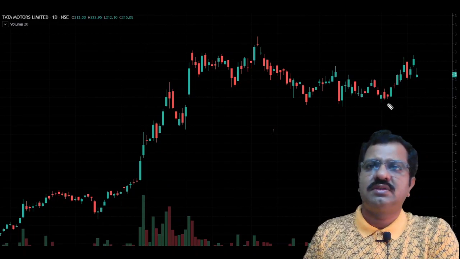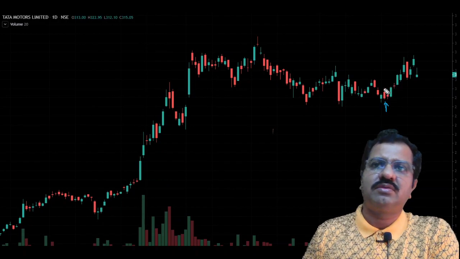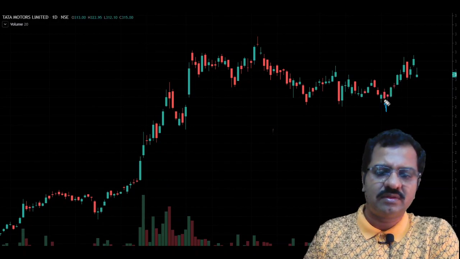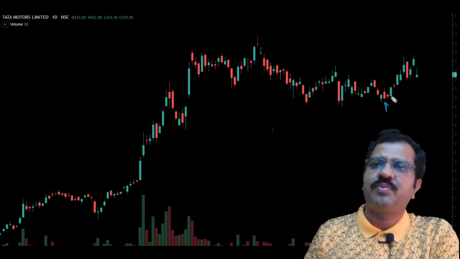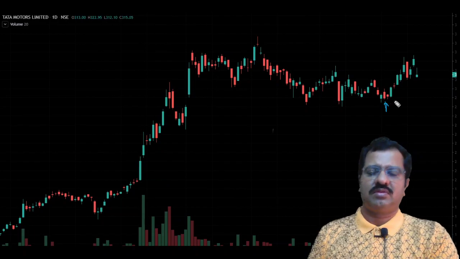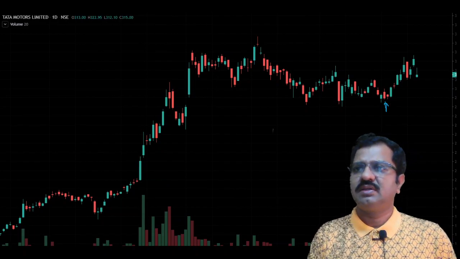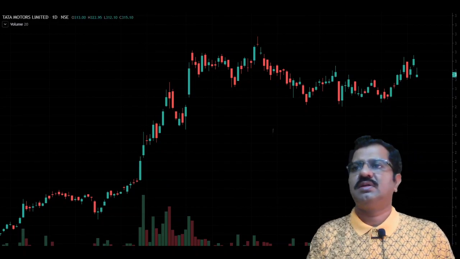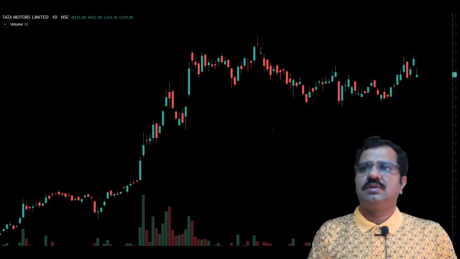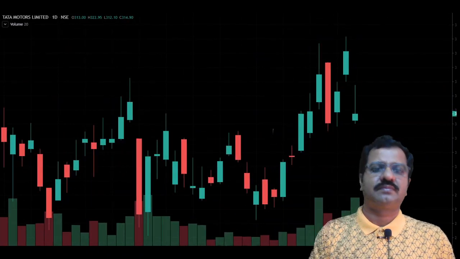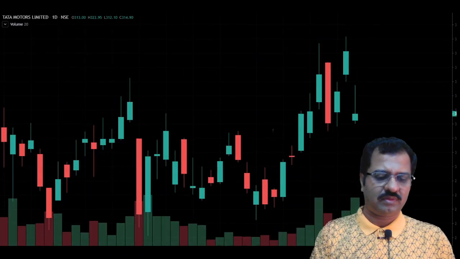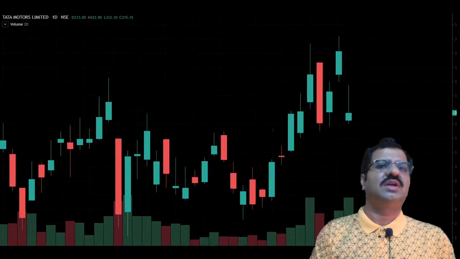See this, here you have this red candle, after that a small red candle. Price opens between high and low. Let me make it look bigger so you will be able to see it clearly. This is the chart of Tata Motors.